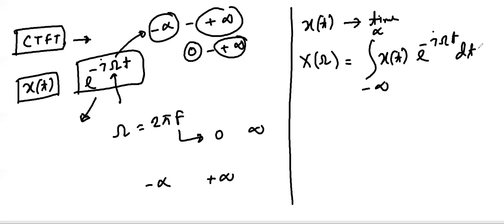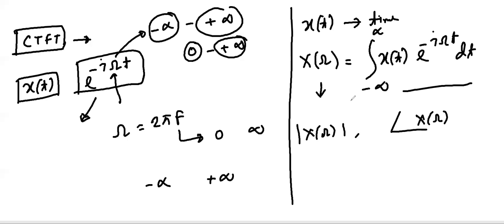And this is all about the Fourier transform. In this term, we have two things. One is magnitude, of course, and another one is the phase of X(omega). There are two parts. We can find both the magnitude and the phase from this single equation.